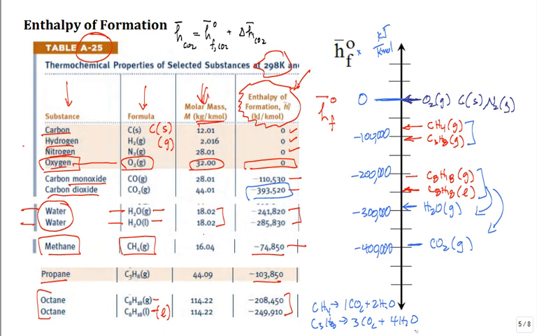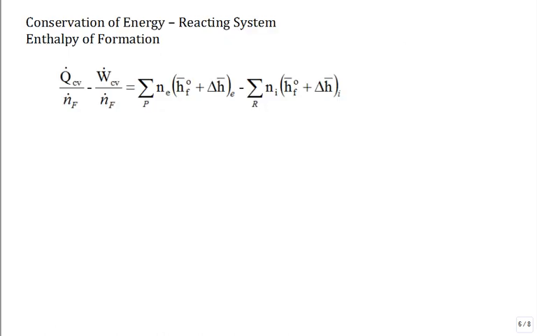So this is our balanced reaction equation. Often we don't have any shaft work. Often it's exothermic, a large negative Q dot. And you have to calculate the enthalpy of each of the components of the products. Start with the enthalpy of formation and then see if it's hot or cold compared to 298.